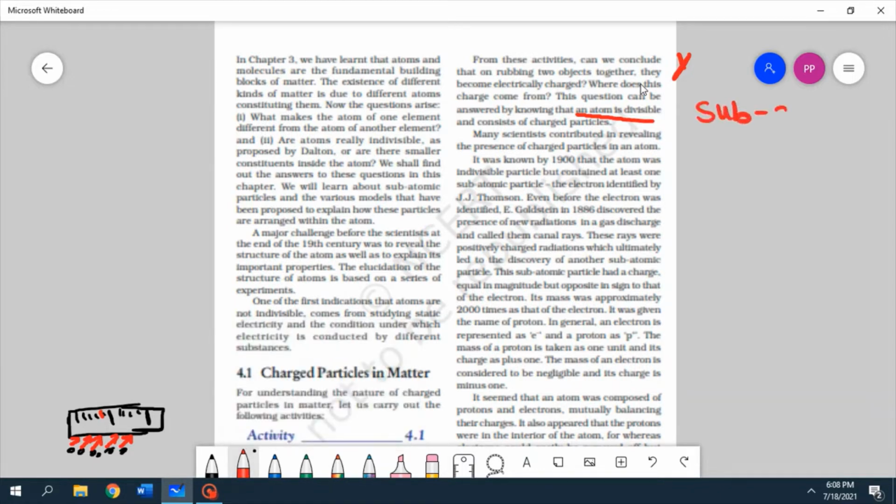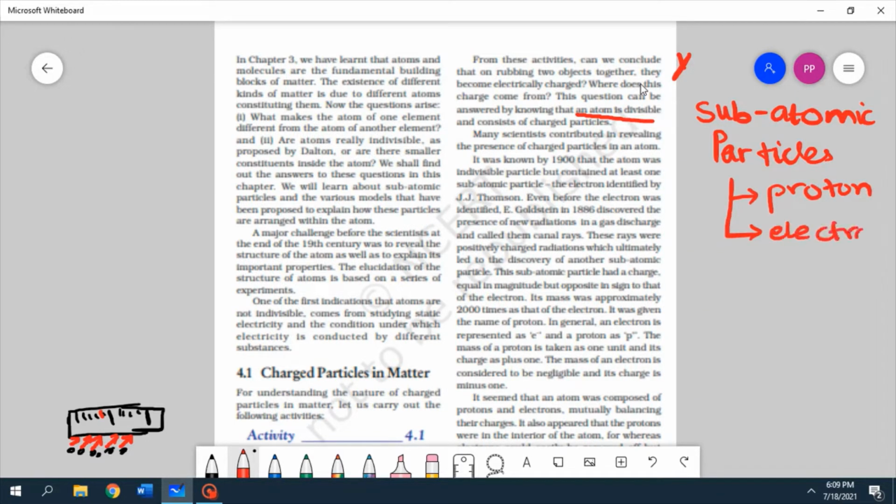Subatomic particles are particles that exist below the level of the size of an atom. Alright, so subatomic particles. I'm going to go ahead of myself and list them out to you. Protons, electrons, and neutrons.